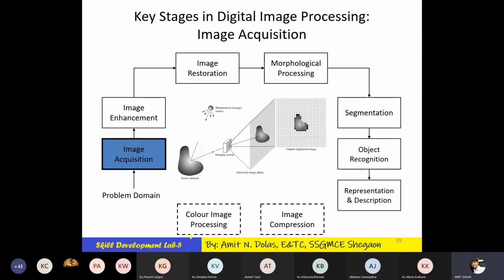Now, image acquisition is the very first stage. Suppose this is the scene element or image, that of course to capture the image, an illumination or light source should be there. You all are known to this. The picture taken indoor and the picture taken outdoor in the sunlight are very different in quality, because all the objects are clearly visible in outdoor images.